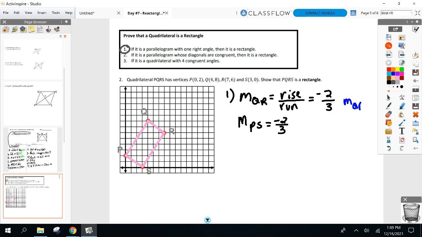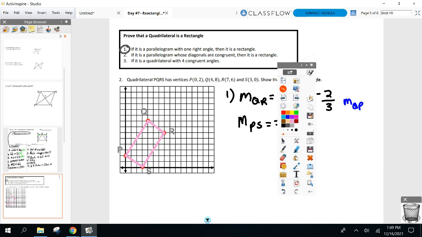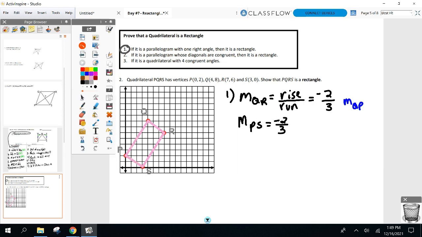Go ahead, up and over how many in your group? Rise over run. What are you guys getting? 6 over 4. Positive or negative? Positive. If you want to reduce that to 3/2, feel free. It's not required.